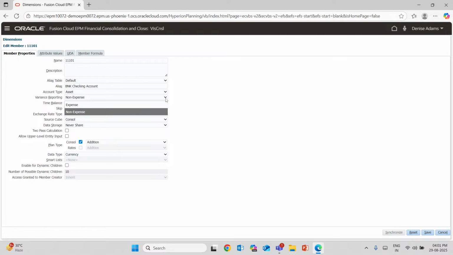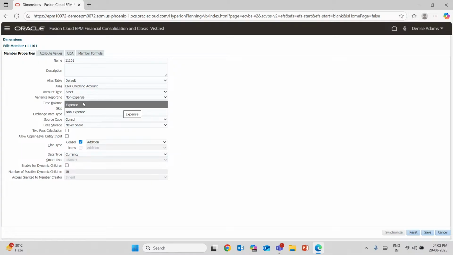This variance reporting field determines how the account behaves, whether it is expense or non-expense. So we have two heads here, expense or non-expense.